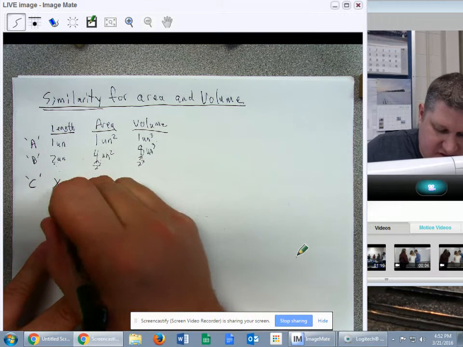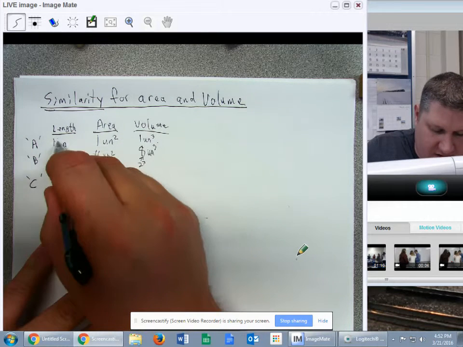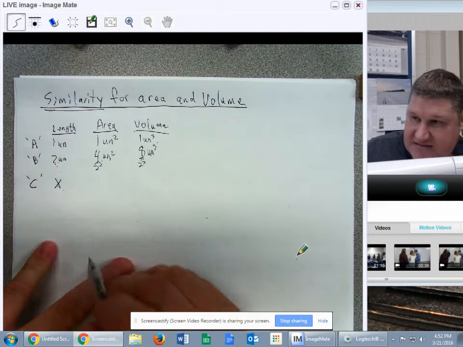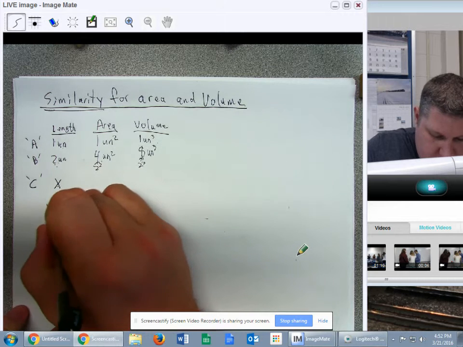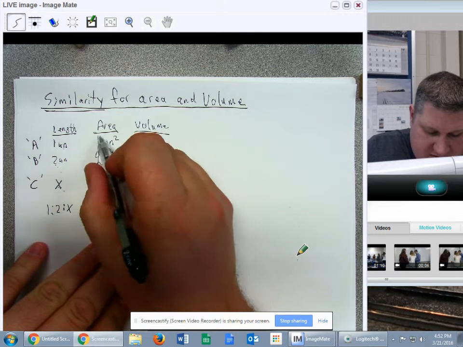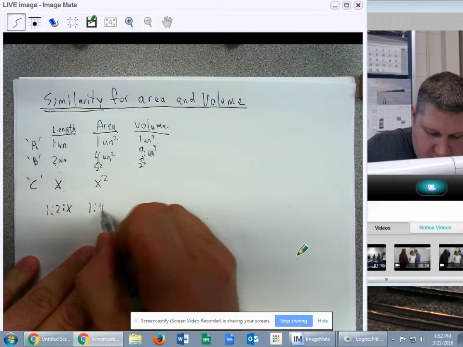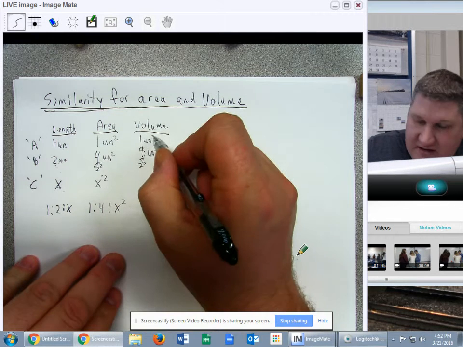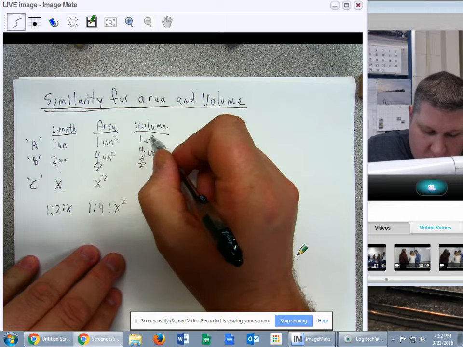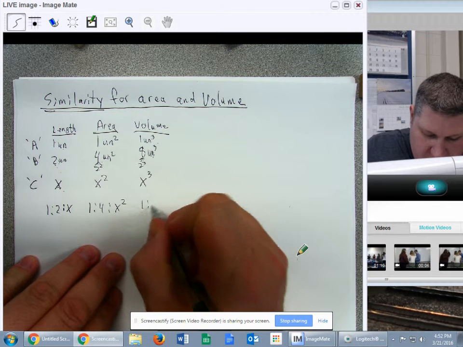Our generalization says that if these figures are all similar, their lengths might be in a ratio of 1 to 2 to x. Here the areas are going to be 1 to 4 to x squared. And here the volumes are going to be 1 to 8 to x cubed.